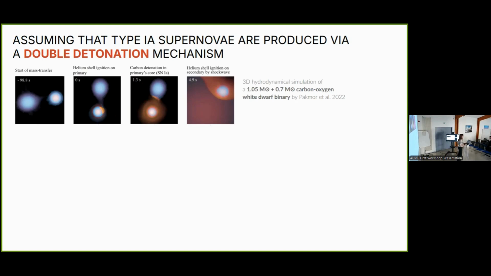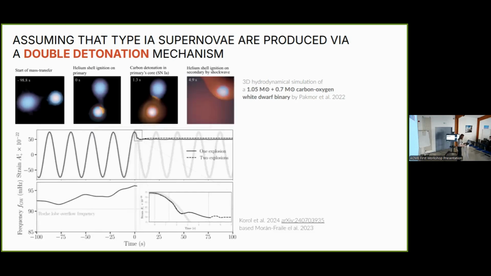So what gravitational wave comes from this? What we are looking at here is time, and in the bottom panel you have the gravitational wave frequency. This is the output from the simulation. 100 seconds away from type 1a, we are in the regime of 90-something millihertz, so it's really on the edge of the LISA band, and the binary shrinks by a few millihertz.